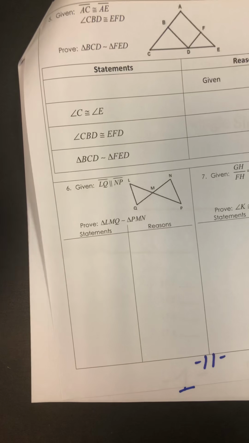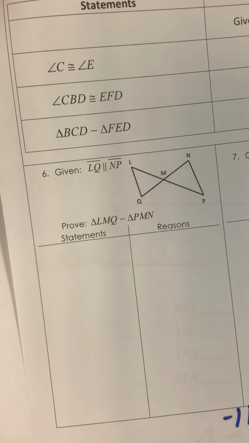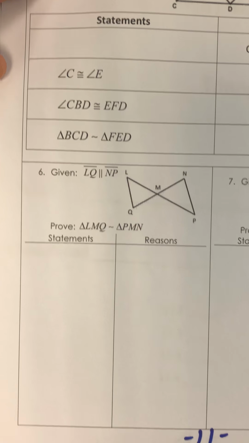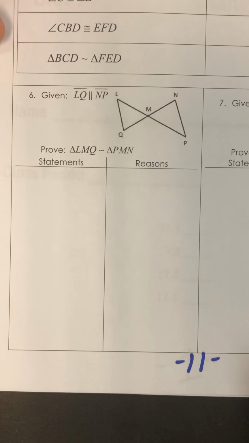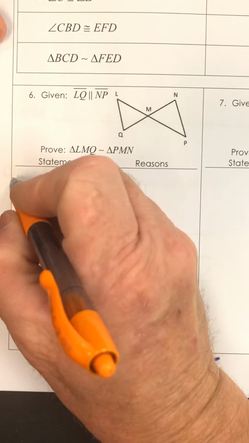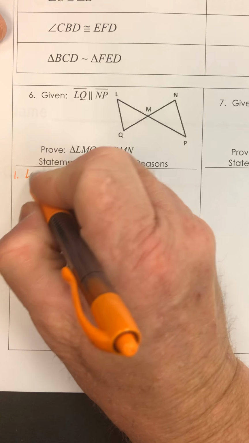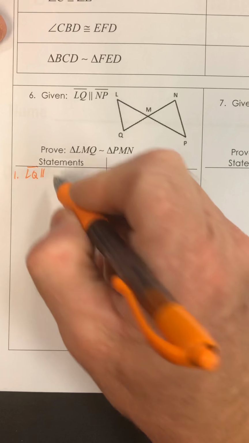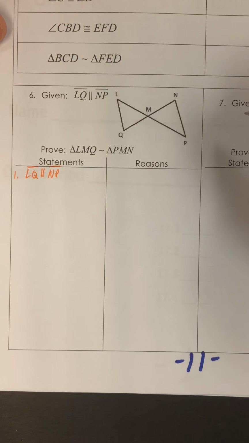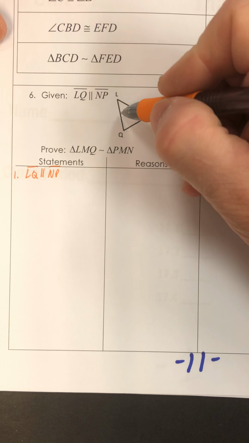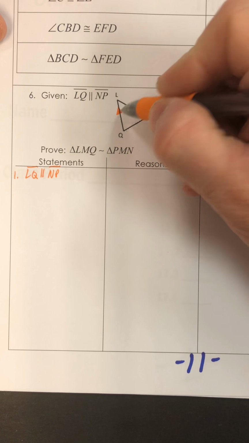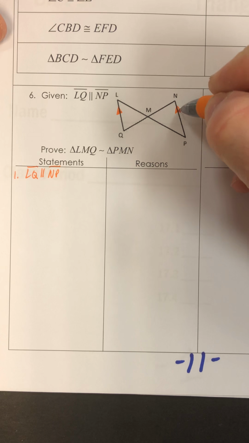Let's see here. Okay, so let's write down what's given. LQ is parallel to NP. So now I'm going to mark it on the figure. LQ is parallel to NP.